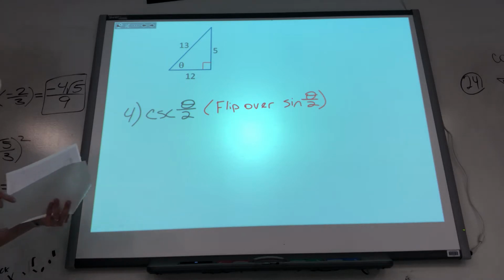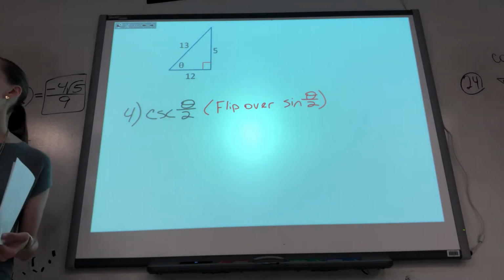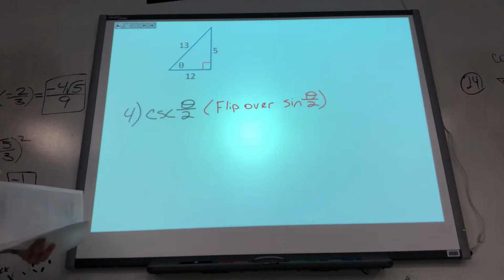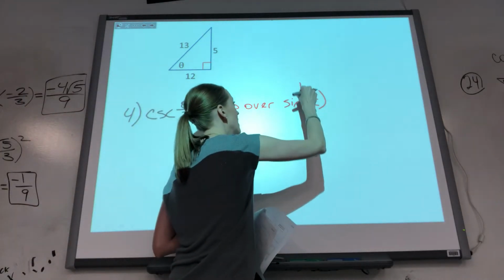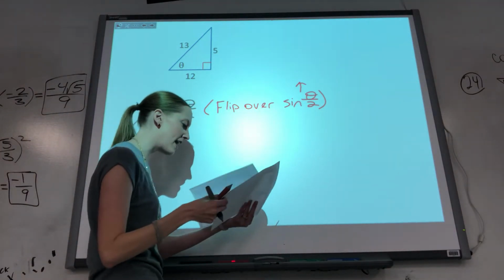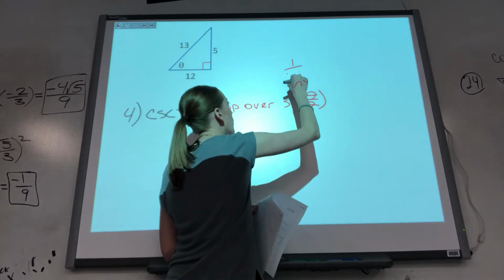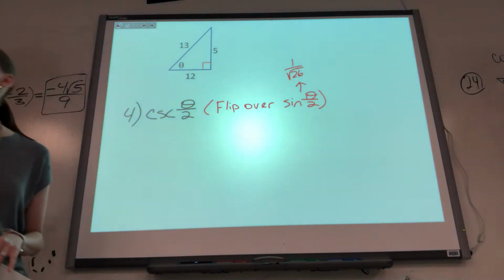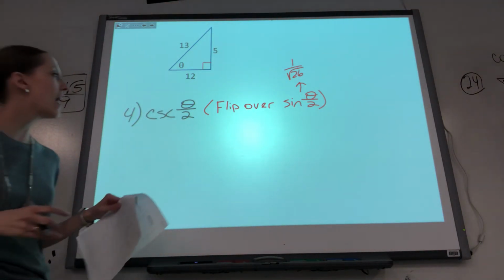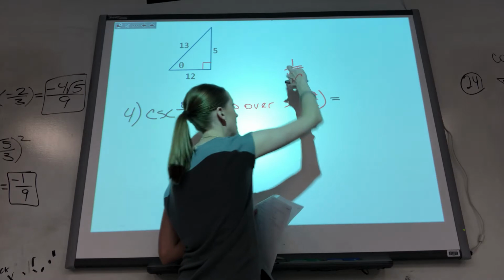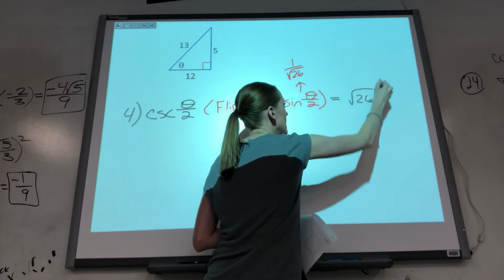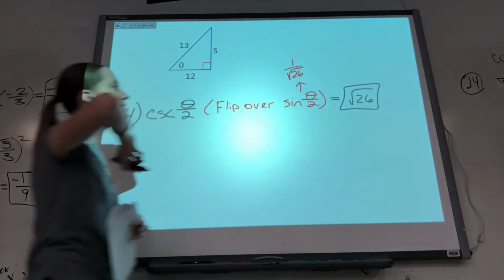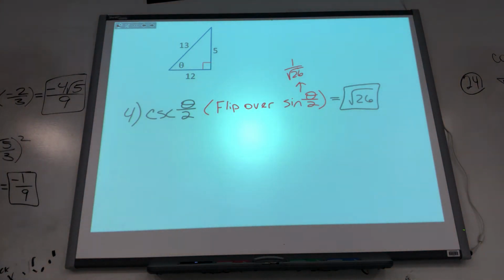Again, it might be helpful if you use the fraction before it was rationalized. Sine, right before it was rationalized, was 1 over square root of 26. That is going to be a whole lot easier to flip. If you flip that over, it's square root of 26 over 1, which is just square root of 26. So that worked out pretty nicely.